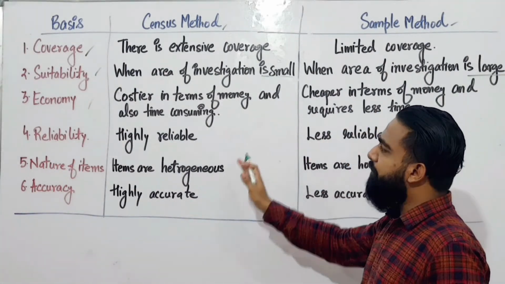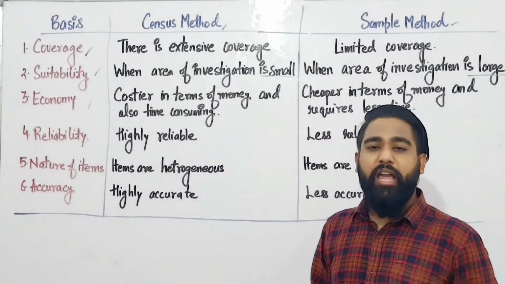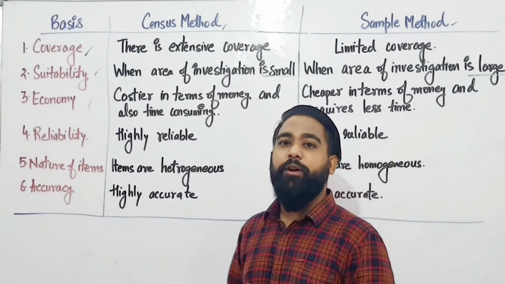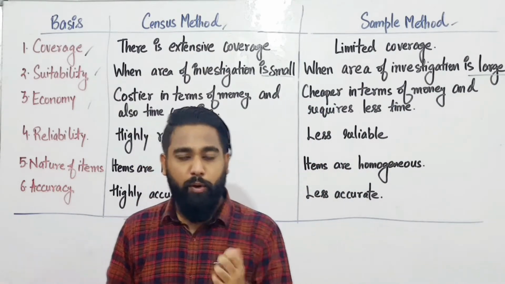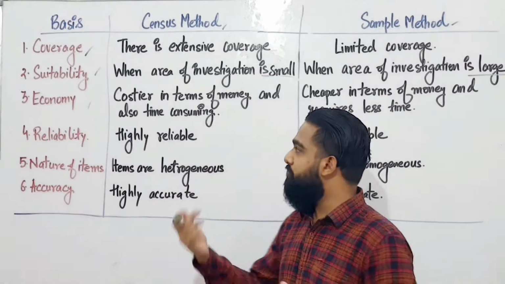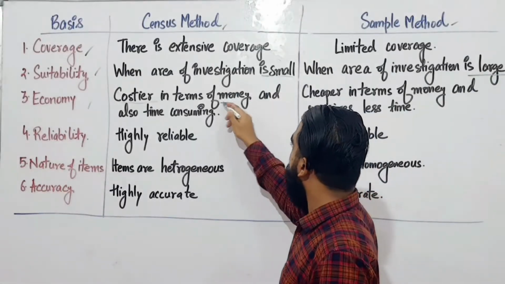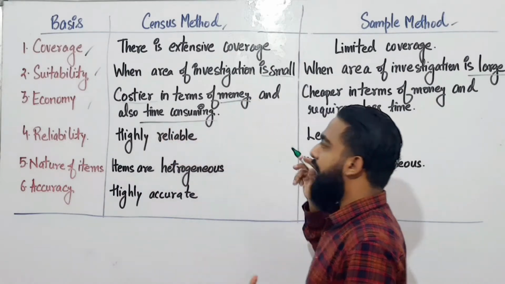The census method, because it covers a wider coverage, takes lots of time, and because you go to each and every element of the population, you need to travel. That's why it becomes costlier in terms of money, and also it is time consuming.